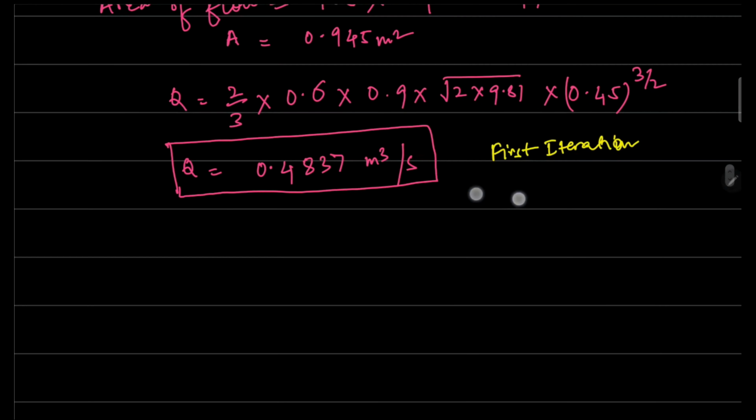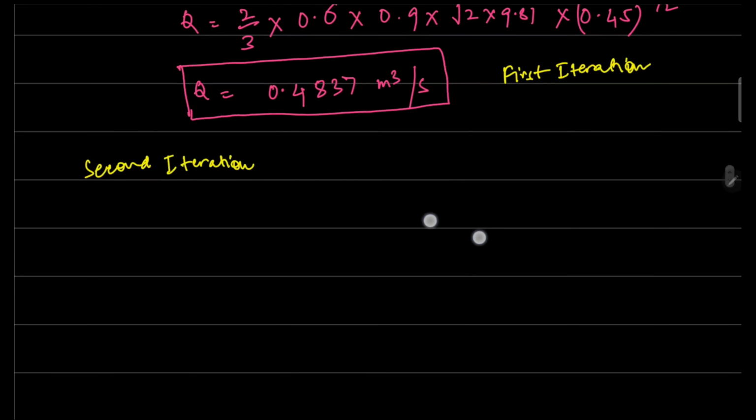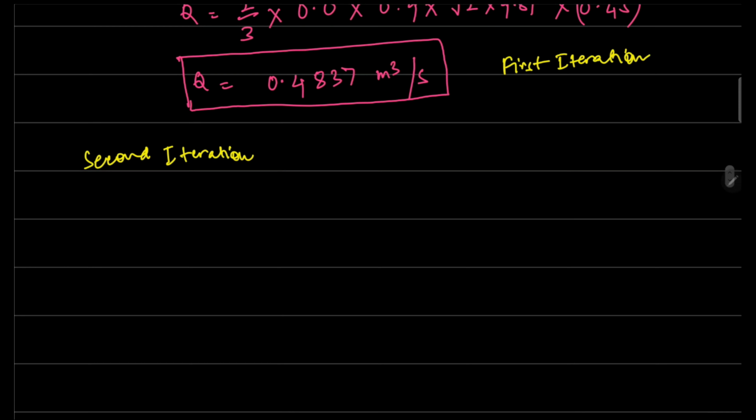Now we will proceed for another iteration. The second iteration says that first of all we have to figure out the velocity of approach.